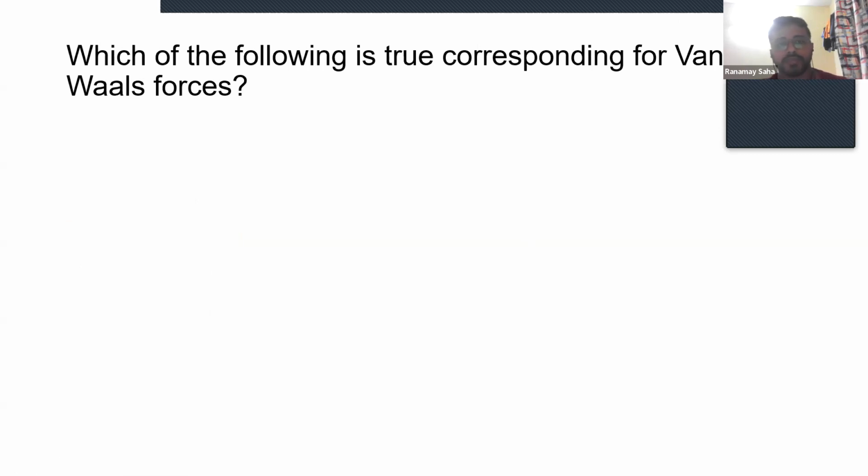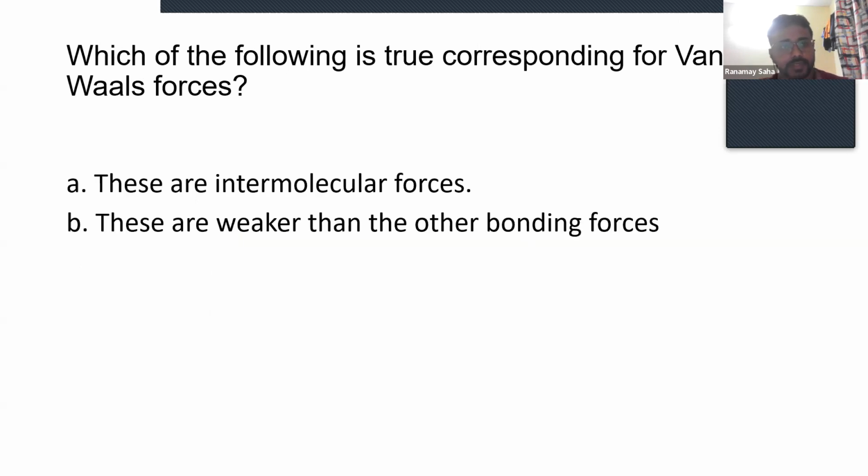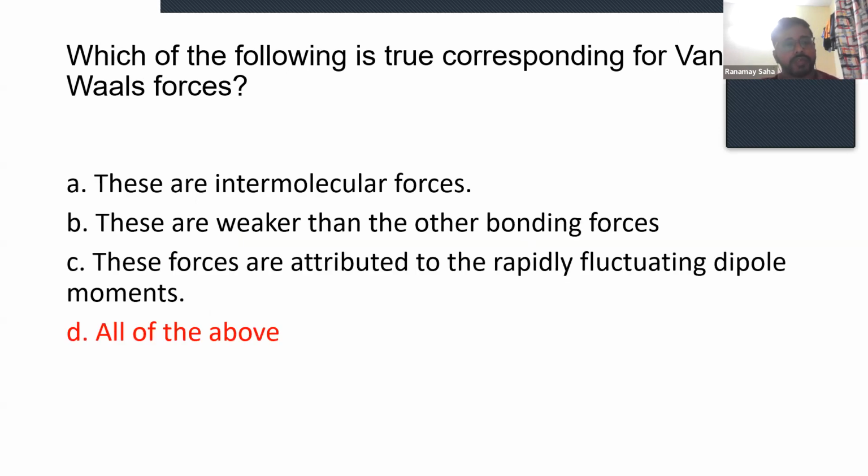So now we have: which of the following is true corresponding to van der Waals forces. There are intermolecular forces. These intermolecular forces are actually not kind of van der Waals. Actually, these are van der Waals forces. However, these are stronger forces?